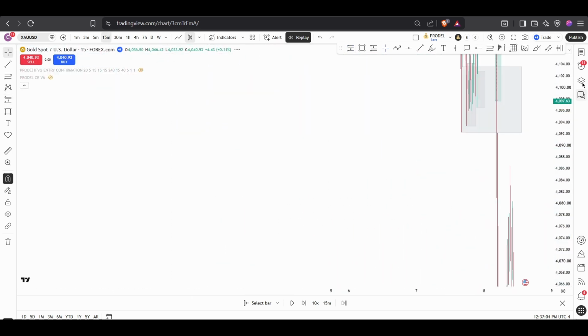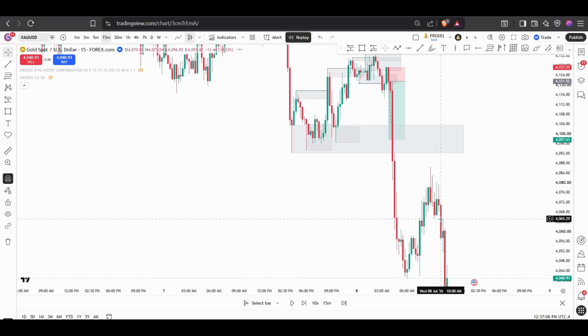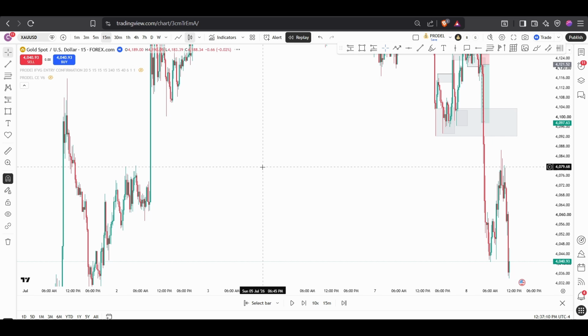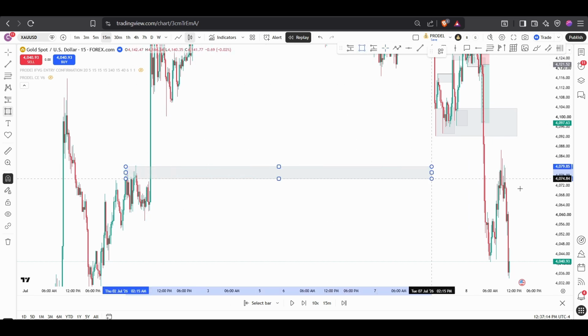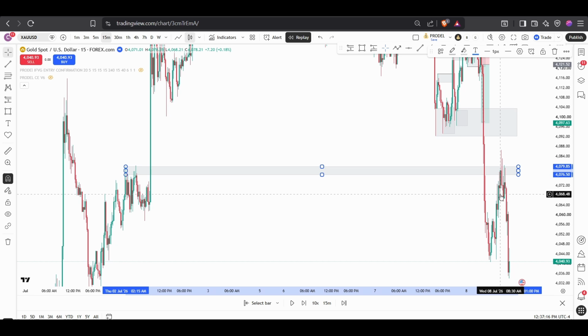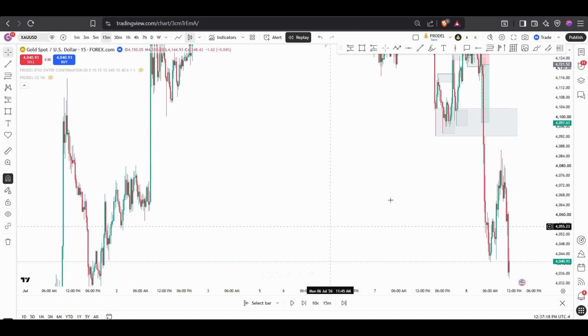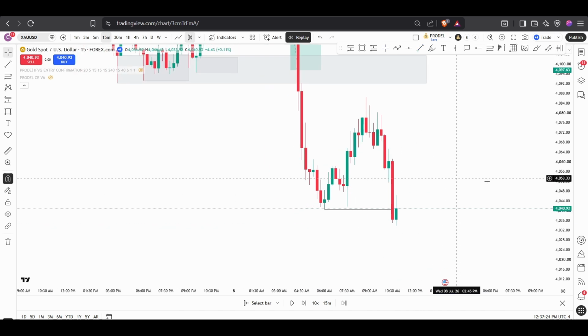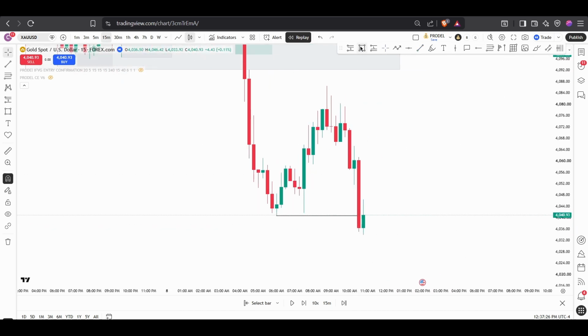On the 15-minute time frame there is the market structure, but we do not take market structure from this kind of level. So let's mark this. You can see this is the perfect retracement, this is the support become resistance level, and this is the apex level.